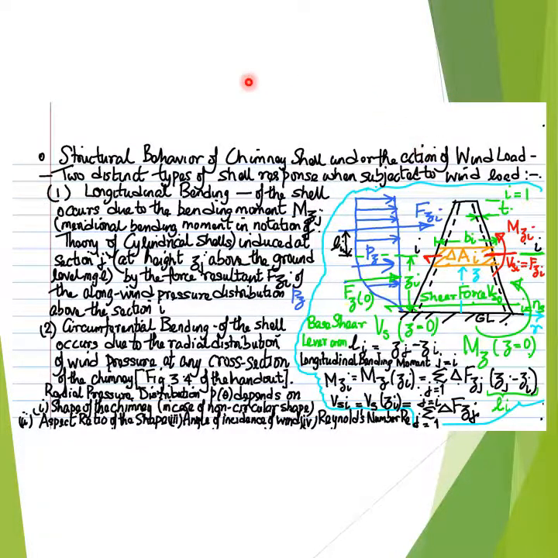The structural behavior of the chimney shell, that is the circular cylindrical shell of the industrial chimney, subjected to the wind loading, may be classified into two fundamentally distinct types of shell response under the action of the wind load.